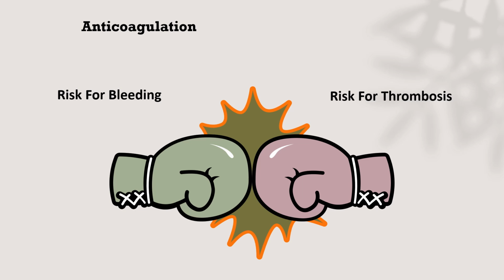Anticoagulation. There is no clear agreement about starting anticoagulation in patients on intra-aortic balloon pump, but we should evaluate the risk for bleeding or whether there is high risk for thrombosis. For example, if the patient is post-cardiac surgery, there is a high risk of bleeding, so we can avoid using anticoagulation for these patients immediately.